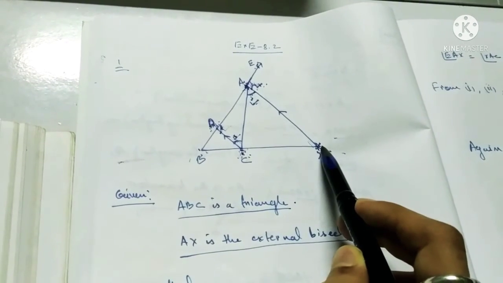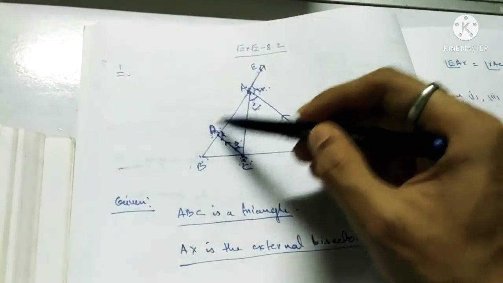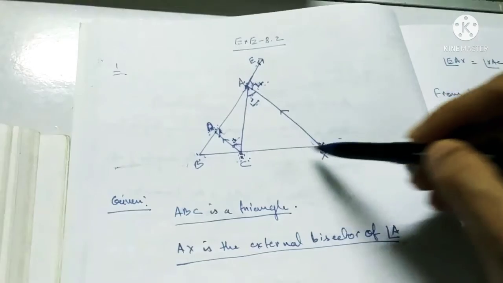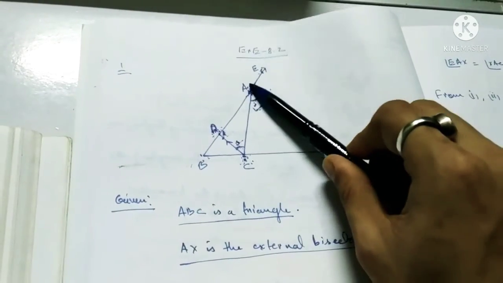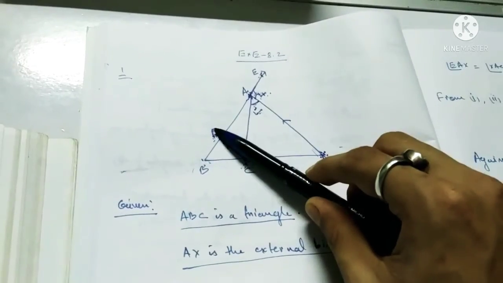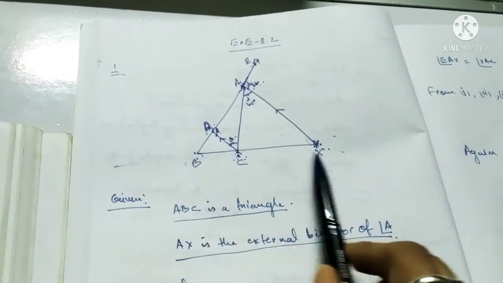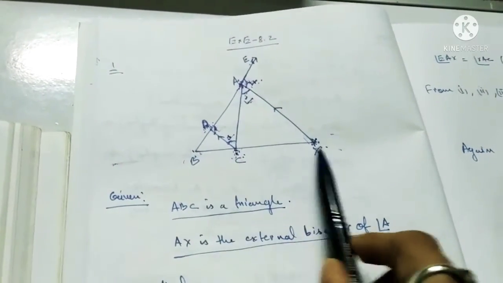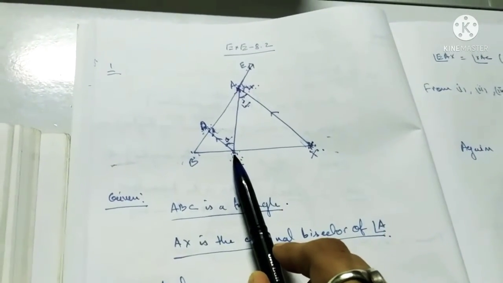This is the basic proportionality theorem. In this triangle BAX, this is parallel to this, so this by this is equal to this by this. Yes or no? This is our basic proportionality theorem.